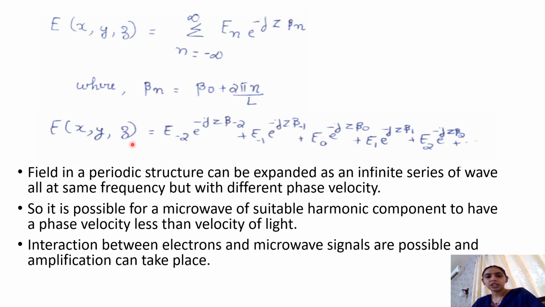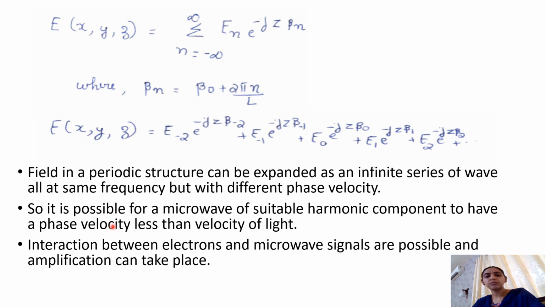So the conclusion is the field is expanded as an infinite series with the same frequency but different phase velocities. So the phase velocity is going to vary throughout the tube. Also, we have seen in the slow wave structure how the velocity is reduced to less than the velocity of light.